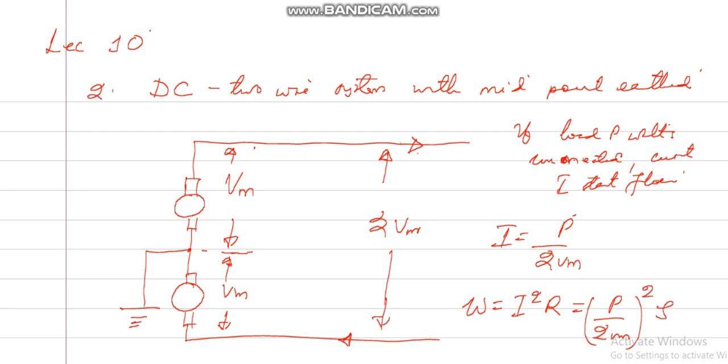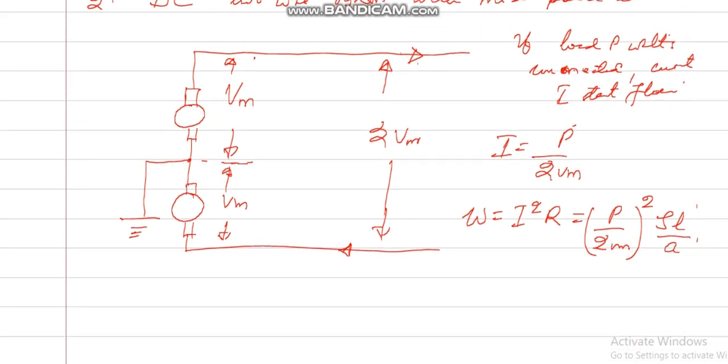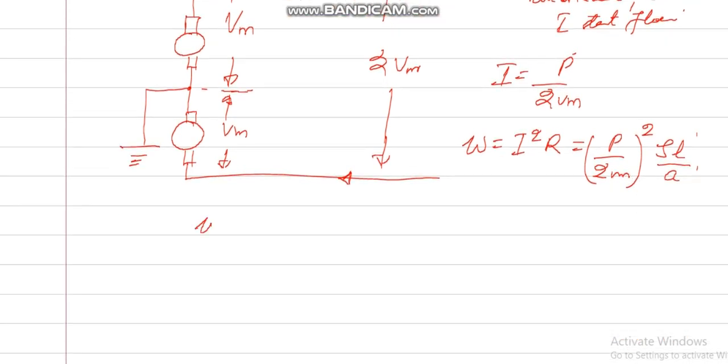R inakuwa given by resistivity rho times length over area, kama tulivyoona mwanzo. Okay, kwa hiyo power loss W itakuwa sasa P squared times resistivity rho times L over 4 Vm squared times area.